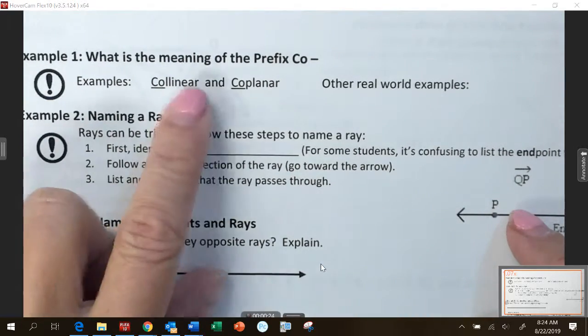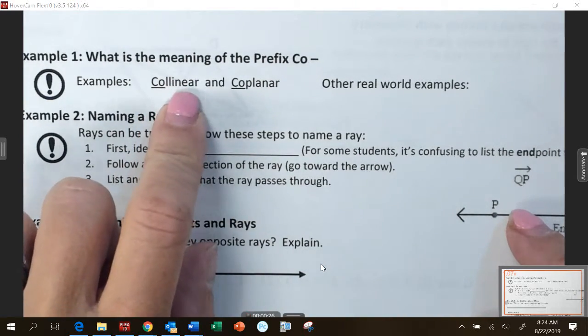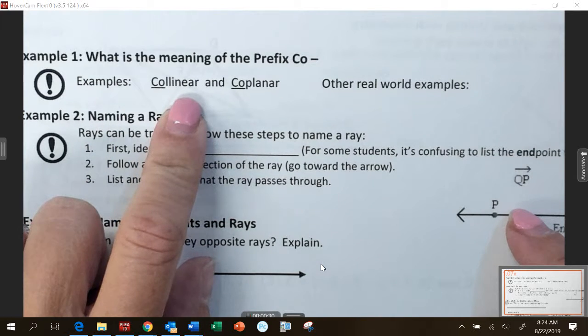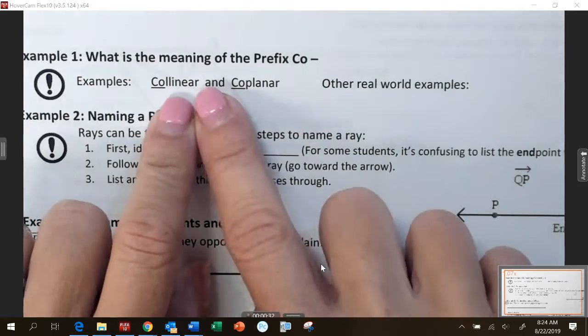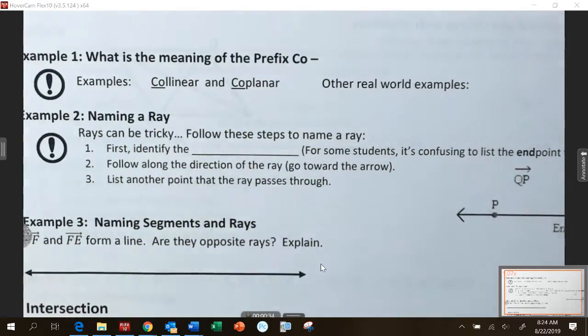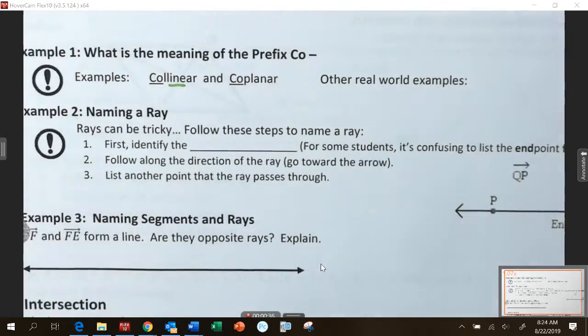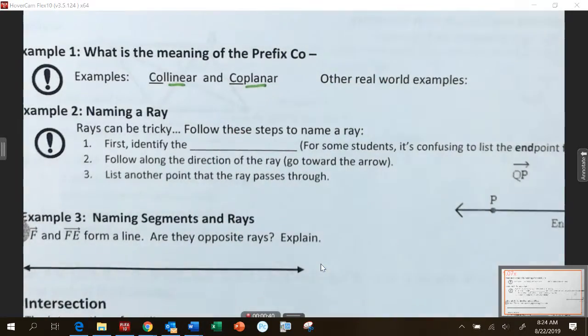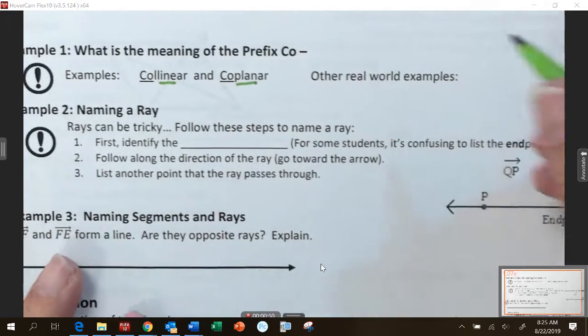So if we're talking about collinear, we're talking about on the same what? Line. And then if we're talking about coplanar, we're talking about on the same plane. Other real-world examples of collinear or coplanar, I can think of a coplanar right away.